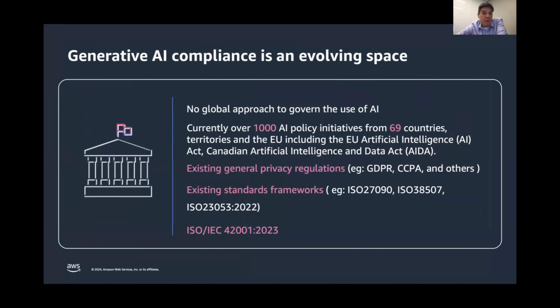So from a compliance perspective, I'm sure we're all seeing a lot in the news these days. Even just last year in October, it all started out that generative AI has taken the main stage. Governments are reacting to control the effect of that. But even to this day, there's still no global approach on the use of AI. In fact, there are over 1,000 initiatives happening at this moment in different jurisdictions across the world.